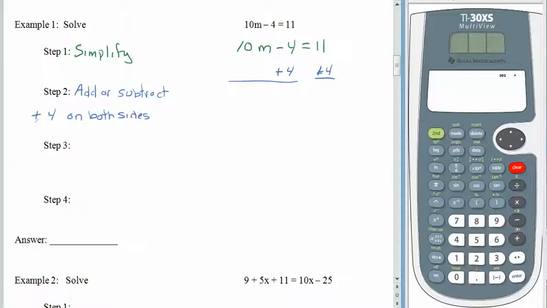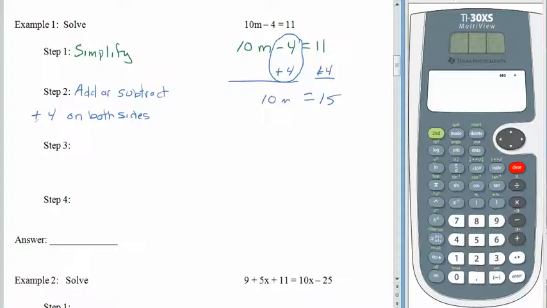And when we say both sides, we mean both sides of the equation. And sides of the equation are separated, of course, by the equal sign. All right, so 11 plus 4 is what, 15? Equals comes straight down. A minus 4 and a plus 4 give me a big fat 0. And on the left side, 10m remains. All right, we're done. Variables on the left, constants on the right.